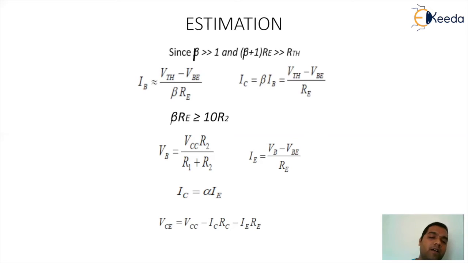If I can go for a standard assumption where beta RE is greater than 10 times R2, this is normally used for calculations of sums. I can again say IE value as VB minus VBE by RE, where VB will be VCC into R2 by R1 plus R2. IC is alpha times IE, as all of us are aware, and VC is equal to VCC minus ICRC minus IERE. So these are small estimations that we can go for in the potential divider bias circuit.